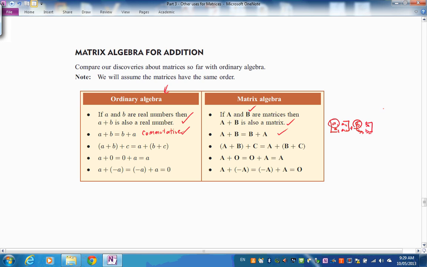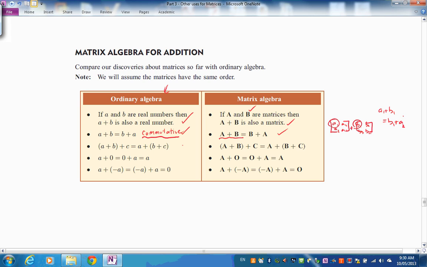Well, it doesn't matter if we add them in that order or that order, because we're adding elements, and elements are just numbers. So we go back to the idea that if you're adding up elements, the commutative rule for addition says it doesn't matter which order you do it in. So because that's all matrix addition is, adding up separate elements, it doesn't matter which way around you do it.